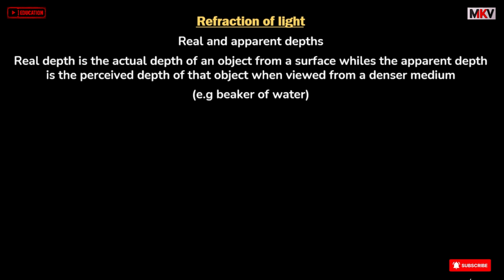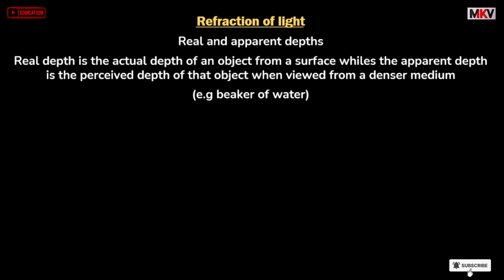Now we can talk of the real and apparent depth. The real depth is the actual depth of an object from a surface, while the apparent depth is the perceived depth of the object when viewed from a denser medium. Let's say we've dipped an object into a beaker of water, and we know the actual depth of the object when we placed it into the water.